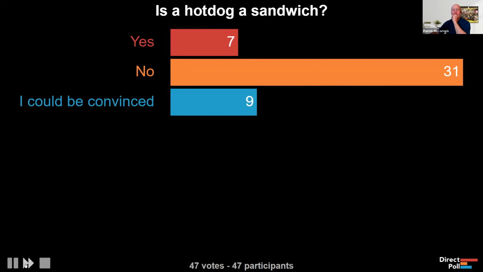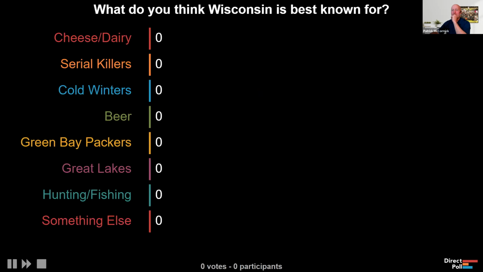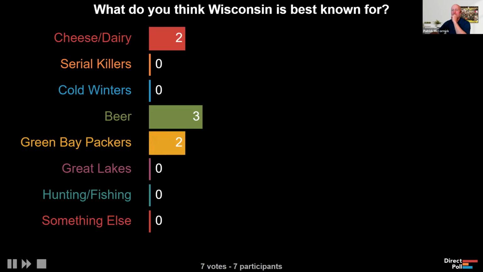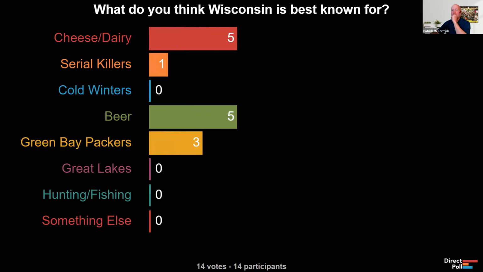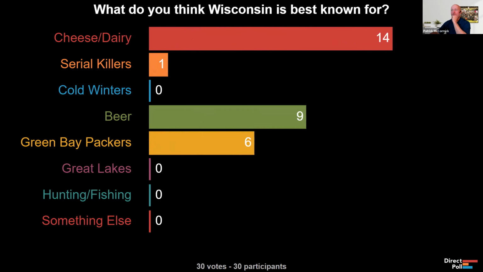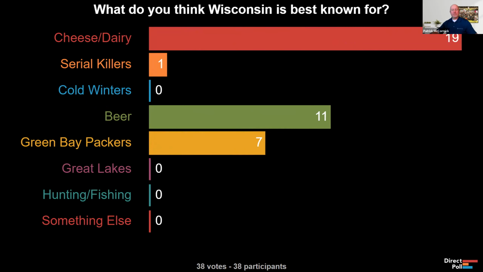Okay, next question. What do you think Wisconsin is best known for? So I also like this one. You know, I did a little bit of research. Serial killers was kind of an interesting thing that came up. Made sense though.